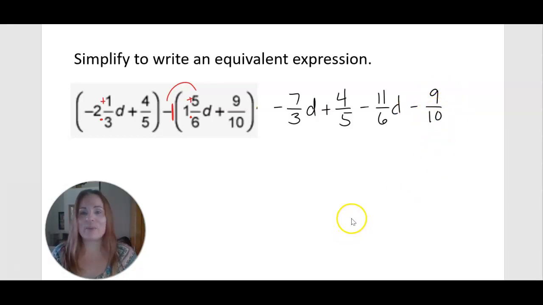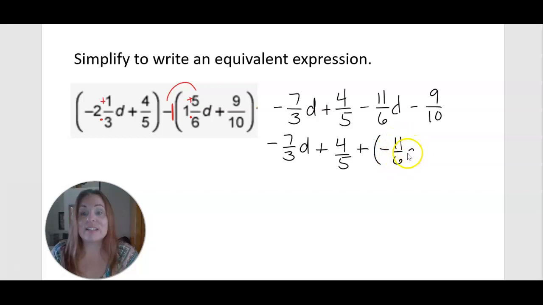All right, now we're getting somewhere. So I'm going to rewrite this whole thing as addition. So I've got negative 7/3 d plus 4/5 plus negative 11/6 d plus negative 9/10.